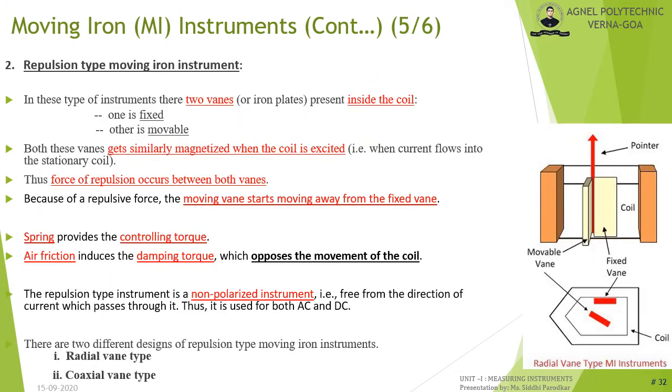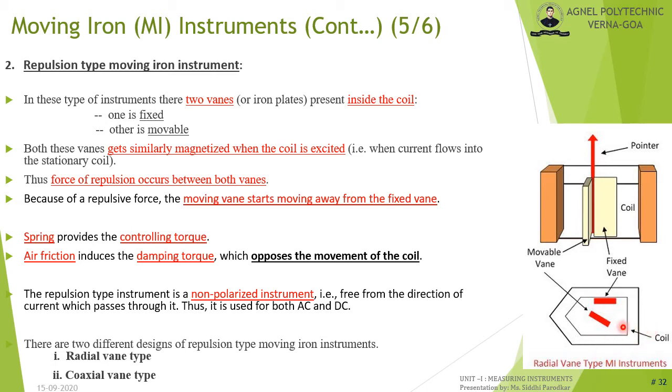Now let us learn about the second type of moving iron instrument, that is the repulsion type of moving iron instrument. The repulsion type of moving iron instrument is shown in this figure. This is the side view and this is the top view. It consists of two vanes or soft iron plates. One is fixed and the other one is movable, placed inside a stationary coil.